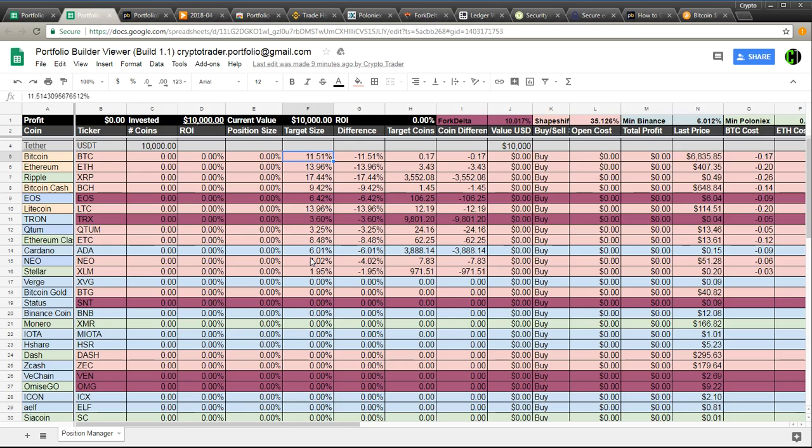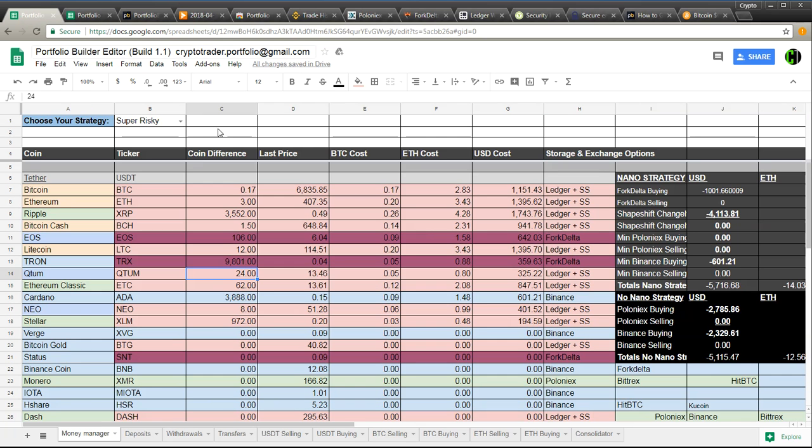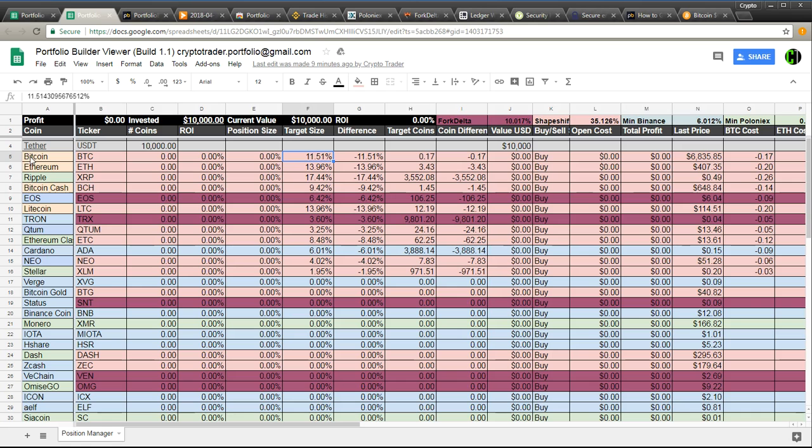And all that's happening when we change the risk level from super risky to smart is we're reducing the weight level for these 4 coins, which are commonly purchased through Coinbase: Bitcoin, Ethereum, Bitcoin Cash, and Litecoin.